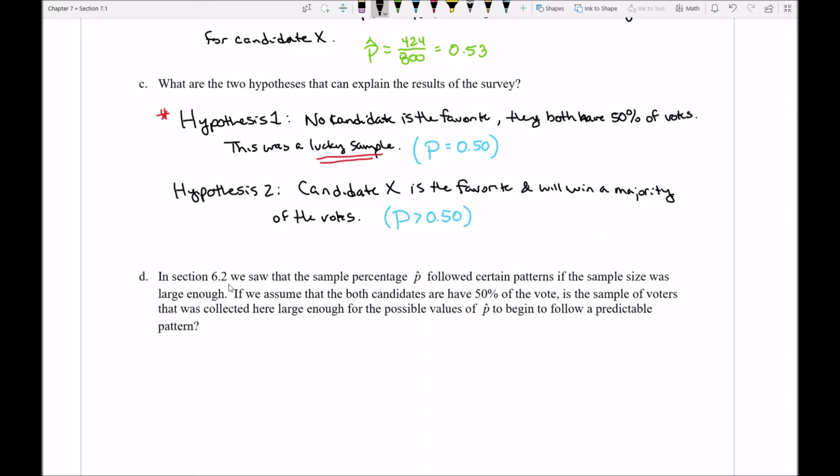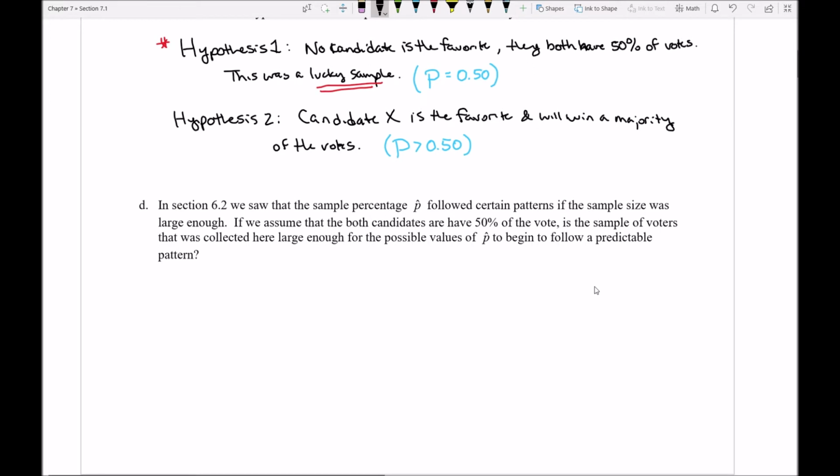In section 6.2, this is the section where we talked about the distribution of p-hats. We saw that the sample percentage p-hat followed a certain pattern as long as the sample size was large enough.